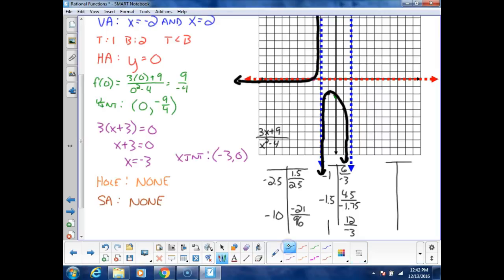Now I've got to go here, and so let's go 3, 4, and 10. If I put 3 into my function, I get 18 over 5. If I put 4 into my function, I get 21 over 12. If I put 10 into my function, I get 39 over 96.